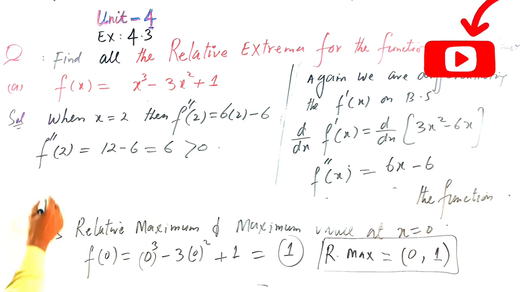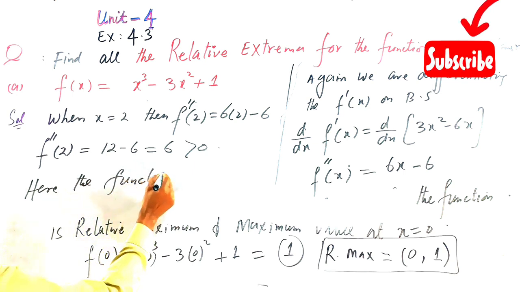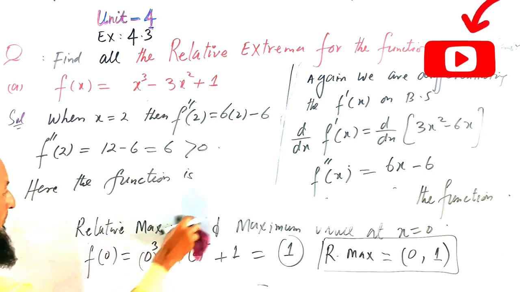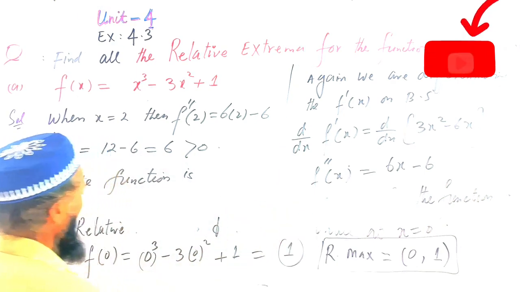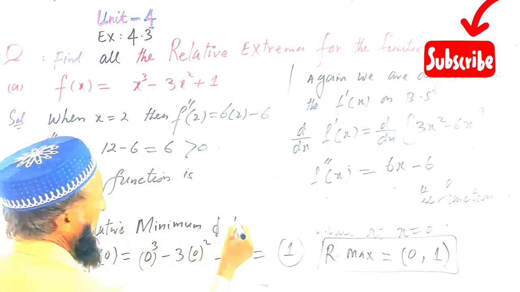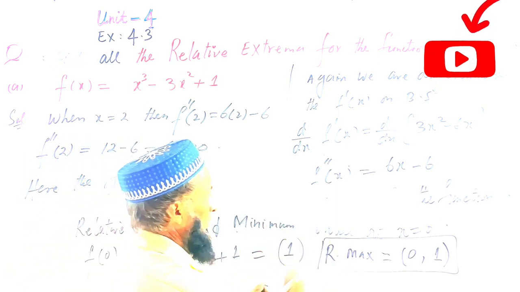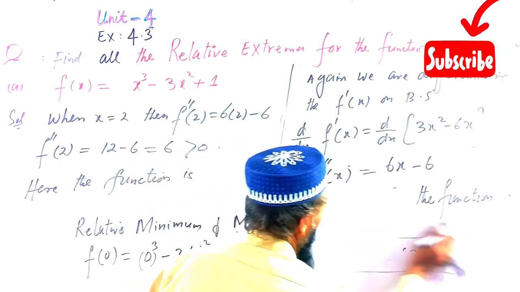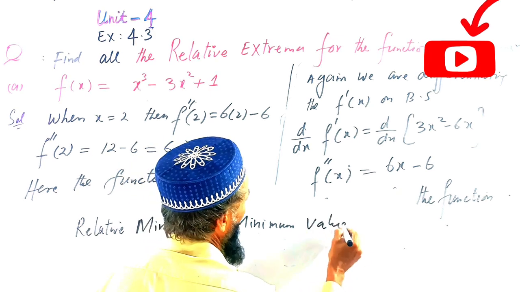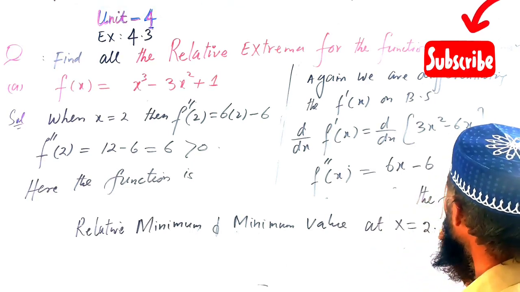So here the function has a relative minimum, and the minimum value at x is equal to 2.